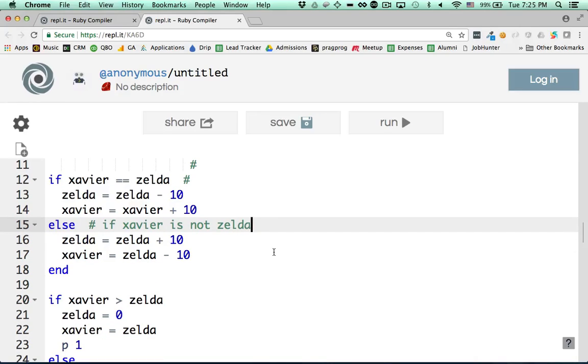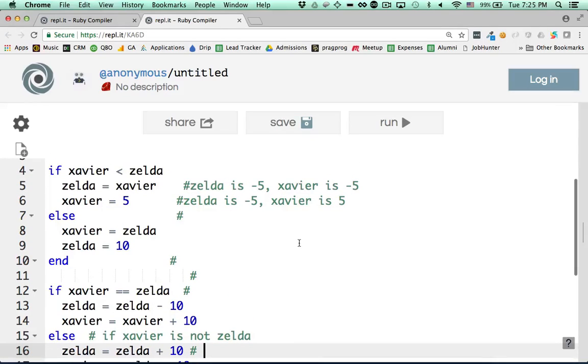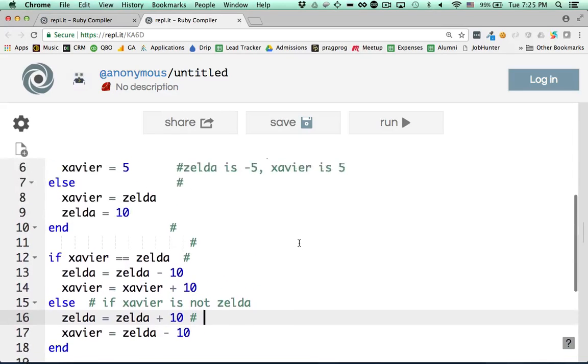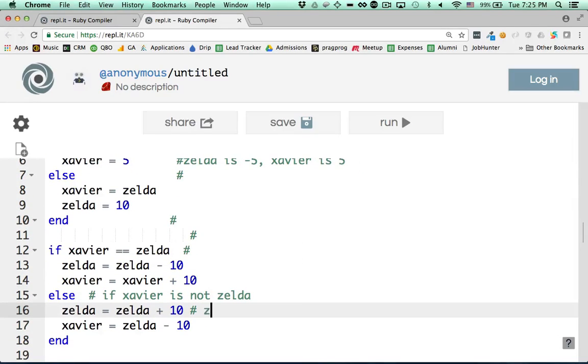Okay, so does line 16 get run? Yes. It does, because Xavier is not Zelda. Xavier, again, is Zelda's -5 and Xavier is 5. So Zelda now is what? 5. It's 5. Sorry for bringing in negative numbers here. That's annoying, I know.